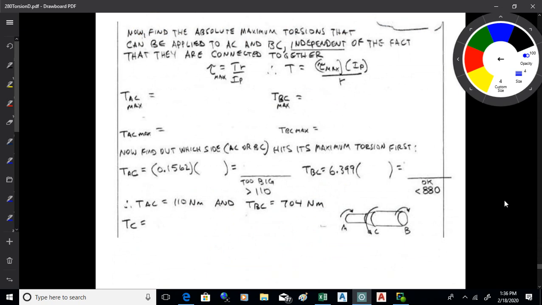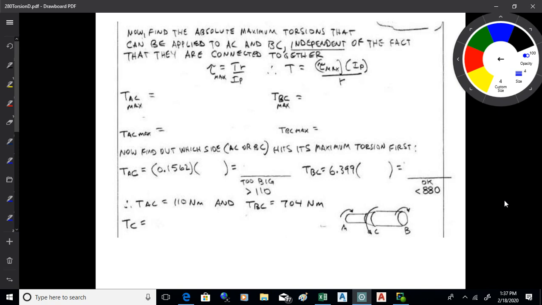Now, the relationship I work with is that the shear is TR over I. So what I can do is plug in the 70 into that for both sides, the left from A to C and the right from B to C, and find how much torsion either side can handle before it maxes out with shear.